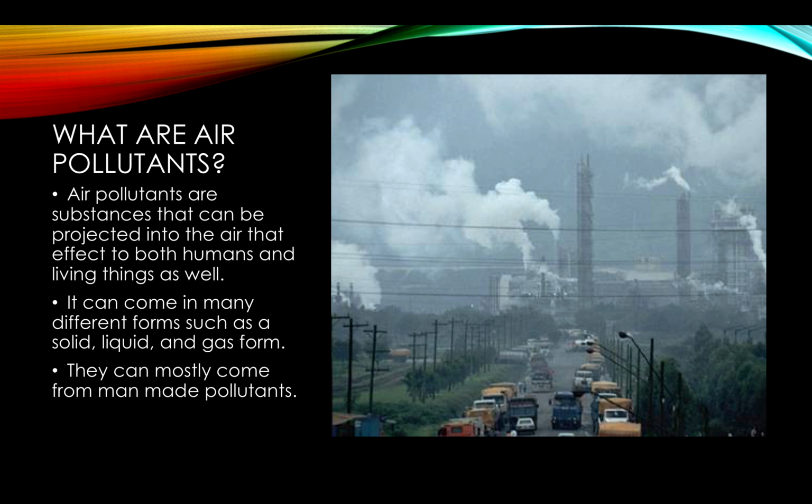And these types of air pollutants can be in many different forms. But the three forms we'll discuss are a solid form, along with liquid, and a gas form. And in this picture here, it is in a gas form, which goes up to the atmosphere.